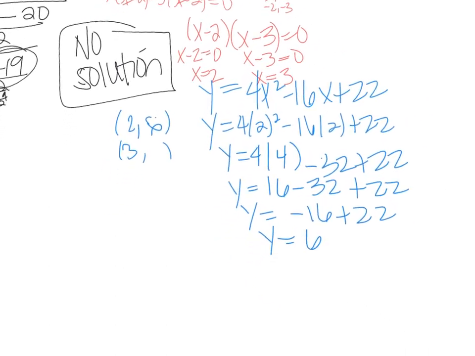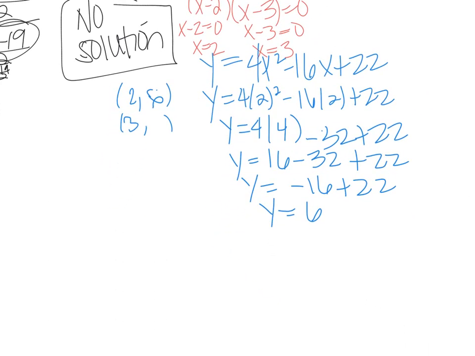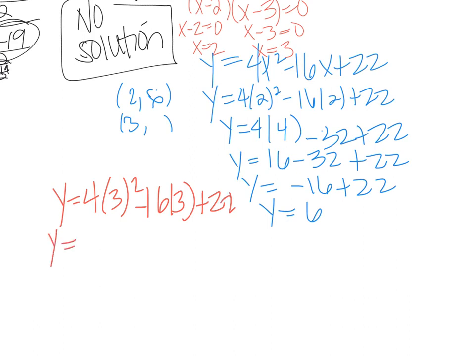So I gotta plug in 3 now. So same equation, y equals 4 times 3 squared minus 16 times 3 plus 22. All right, so I get 4 times 9.